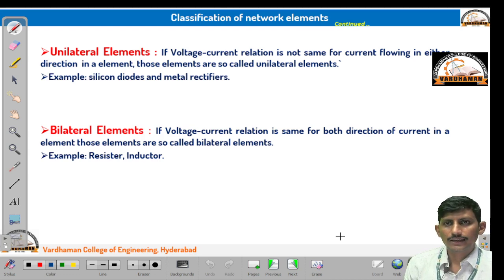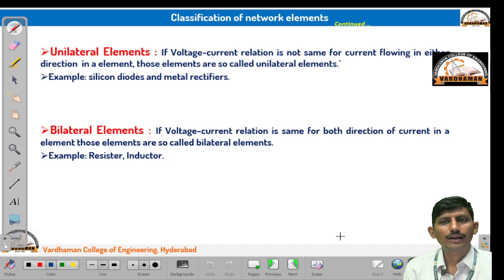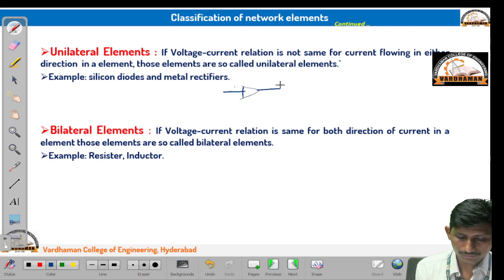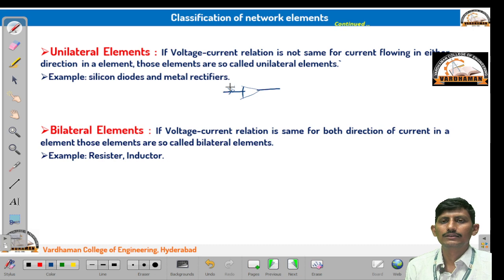That means the current flowing in a unilateral element in one direction is different from the current flowing in the opposite direction. The example for such unilateral elements are diodes. In diodes the current flowing in one direction is not the same as the current flowing in the other direction.